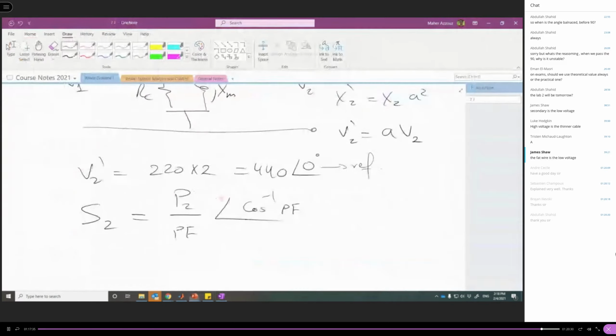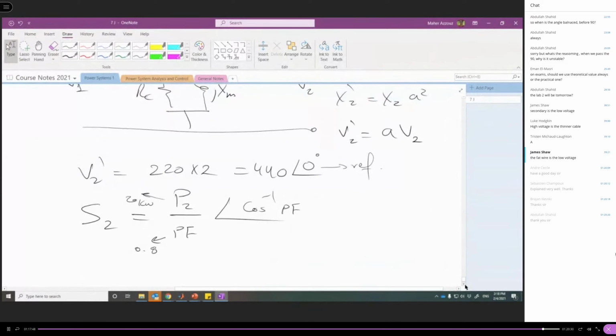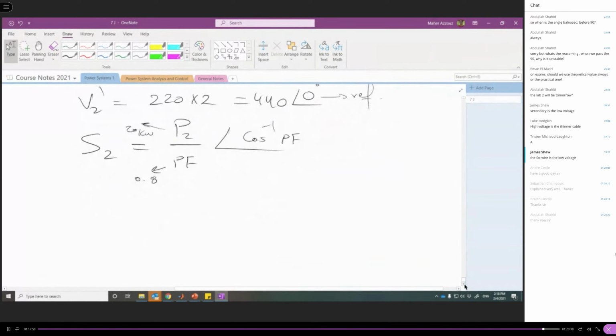The power is 20 kilowatt and the power factor is 0.8. Find the primary terminal voltage using the exact circuit model. So you can calculate I2 dash. I2 dash is equal to S2 over V2 dash conjugate.